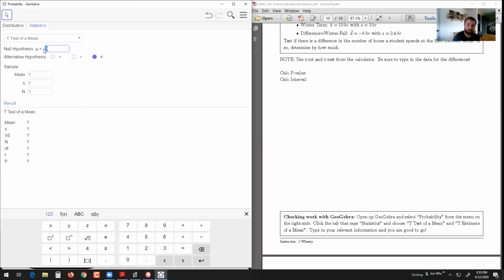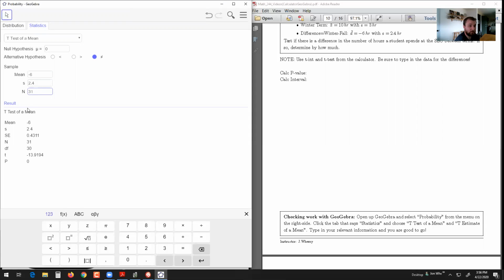My null hypothesis is always 0 when I'm looking at matched pair. I'm testing for a difference. So alternative, not equals. My average, negative 6. My standard deviation, 2.4. And I'm working with 31 samples.